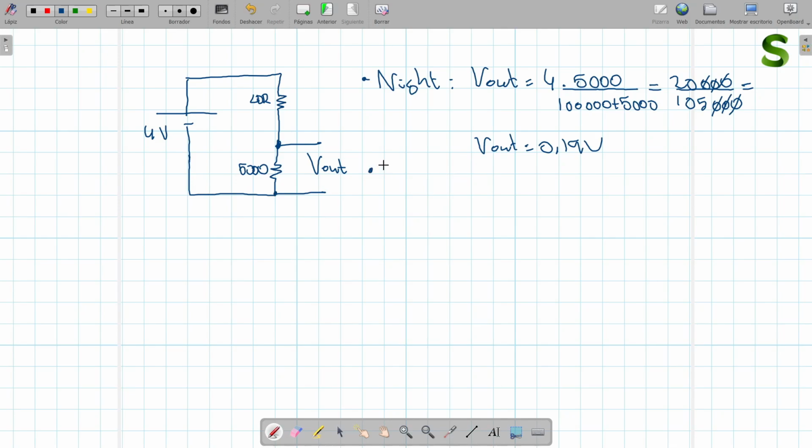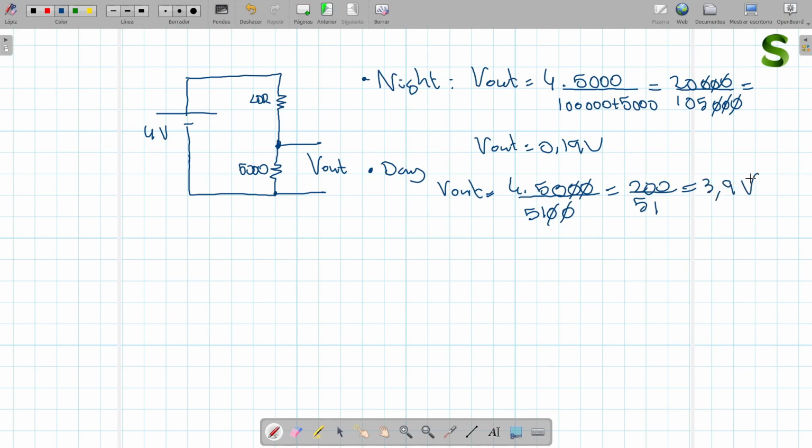Okay, and what happens during the day? Well, during the day, V out is going to be 4 times 5,000 divided by 5,100. So that's 200 divided by 51, and that's 3.9 volts.